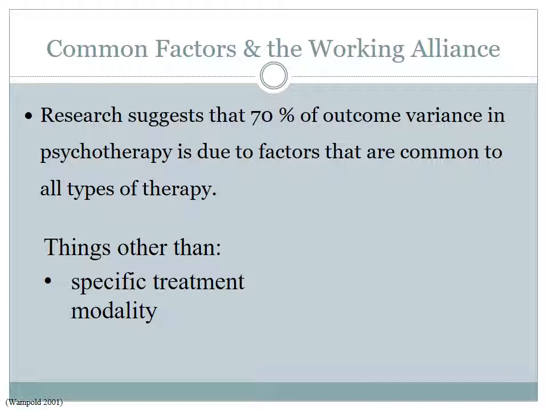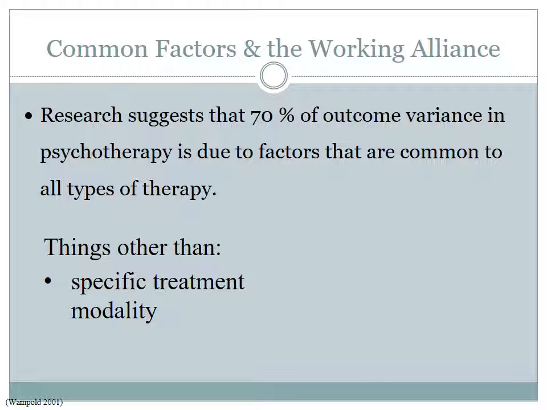A big pile of research tells us that 70% of outcome variance, so 70% of how good people do from therapy, how good the actual effect of the therapy is, is due to factors that are common to all types of therapy, these common factors that I mentioned. So these are things other than specific technique. So these are things other than, I do cognitive behavioral therapy, or, I'm a psychodynamic therapist, or, believe it or not, I'm still doing Gestalt work with people.